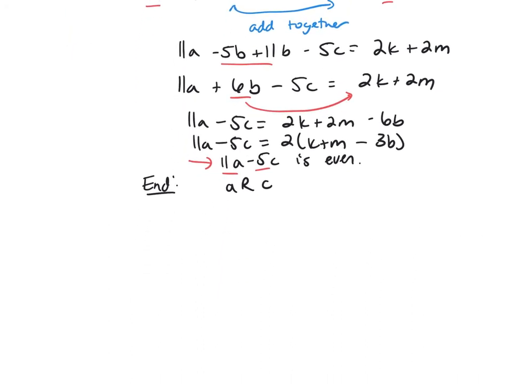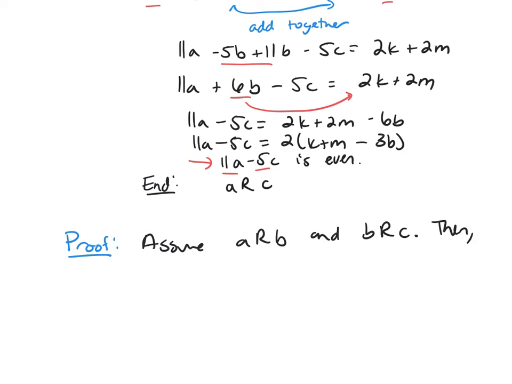So our last step is to write up the proof formally. So we follow our outline, assume A is related to B and B is related to C, then 11A minus 5B is even, and 11B minus 5C is even.